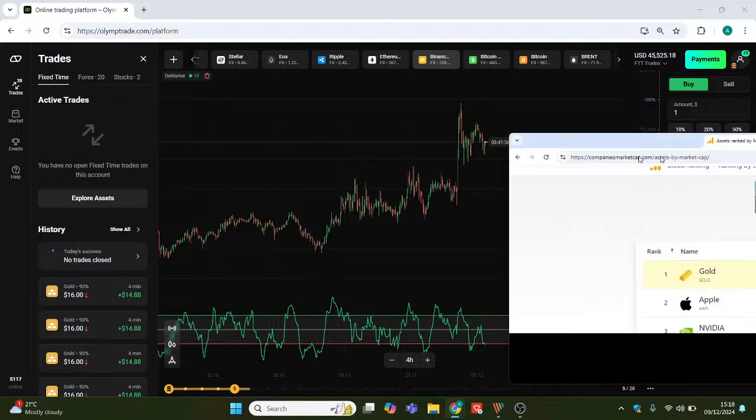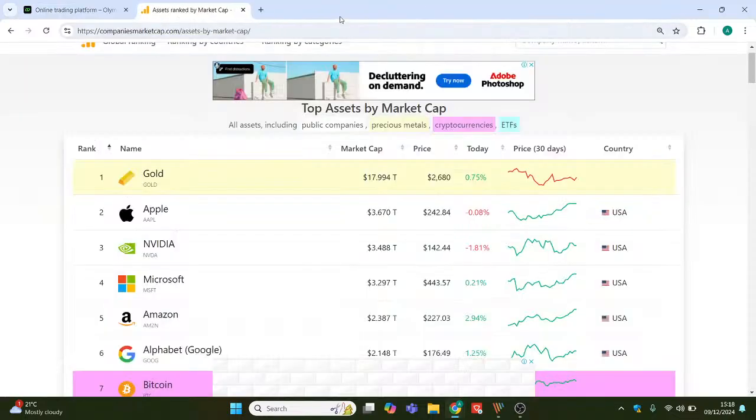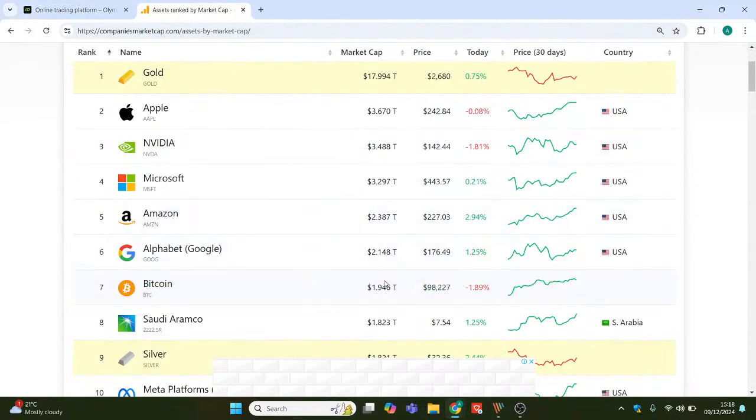Now, where we are right now, we are currently here. Bitcoin's market capitalization is nearing $2 trillion, which is quite huge, and I think if it goes up by 3-4%, it will exceed that.